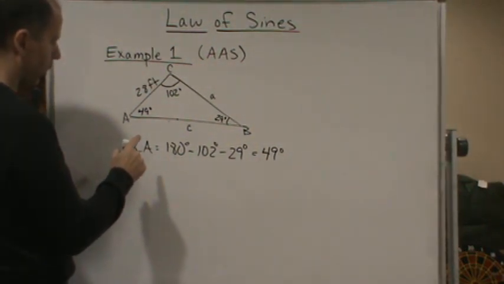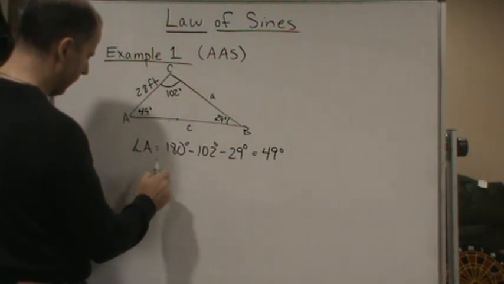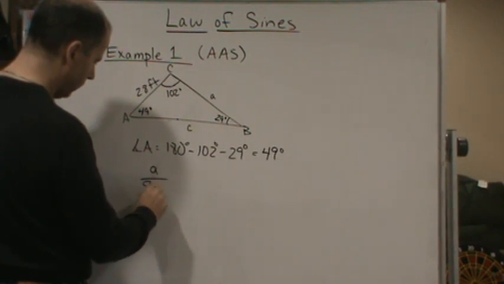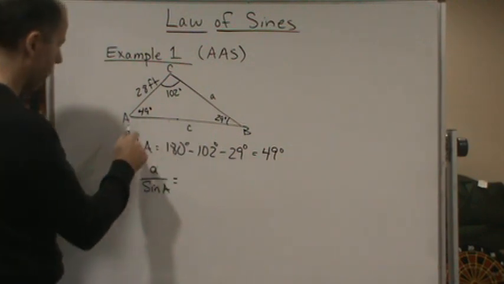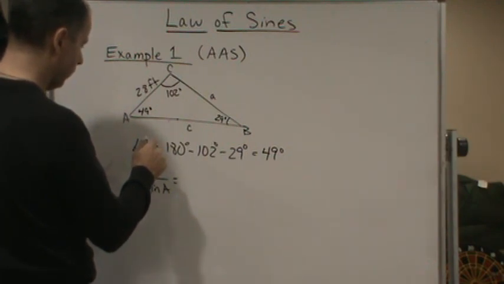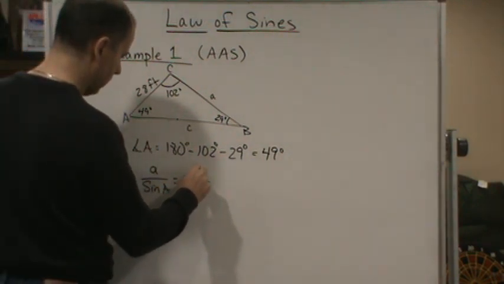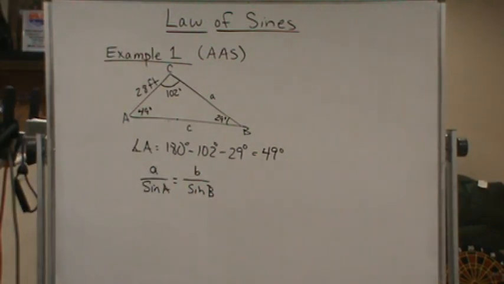Okay, so let's just use the law of sines. We've got A over sine A, and let's solve for A. So we've got B over sine B. So let's use that.